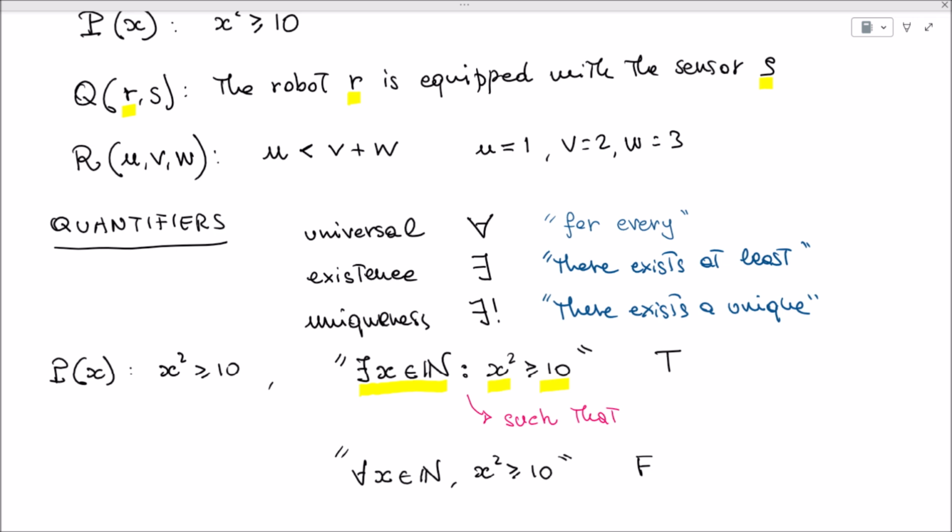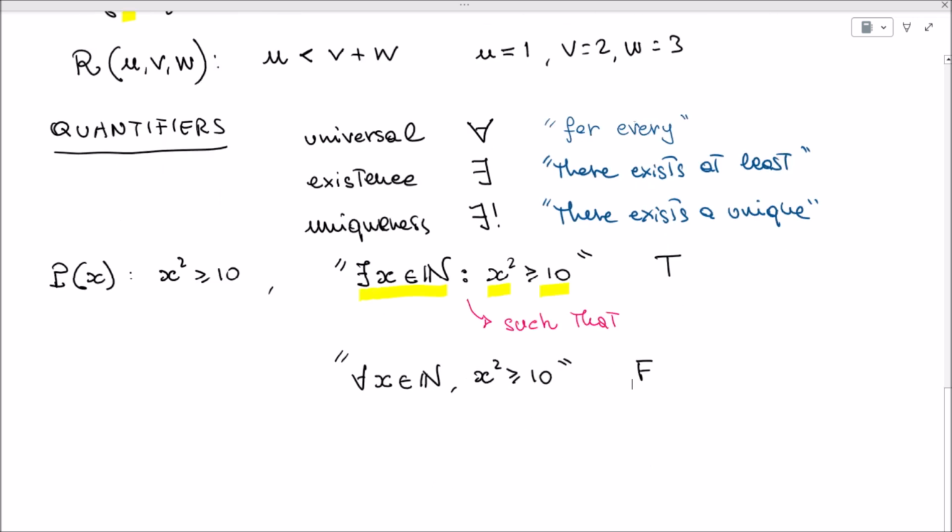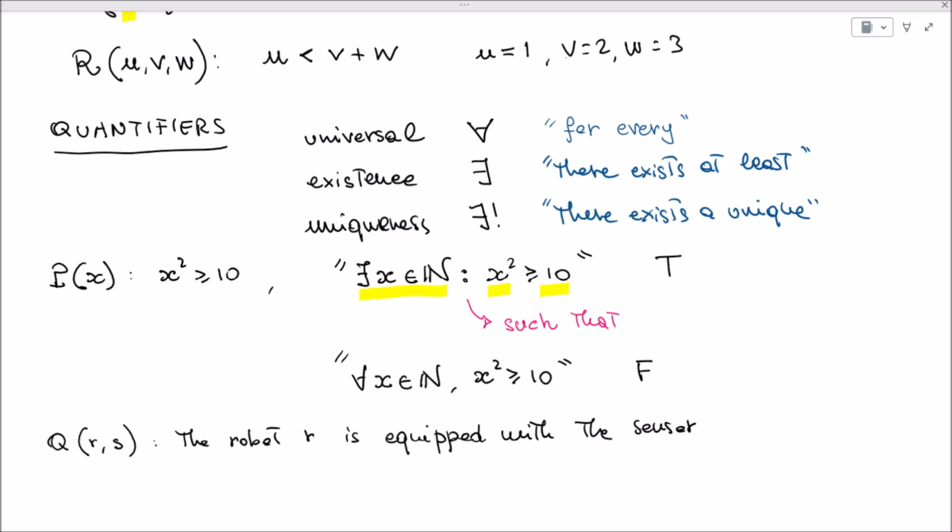So of course we can do the same. We can build a proposition also starting from the other predicate with two parameters. We had introduced q of r and s, and this predicate was: the robot r is equipped with the sensor s.